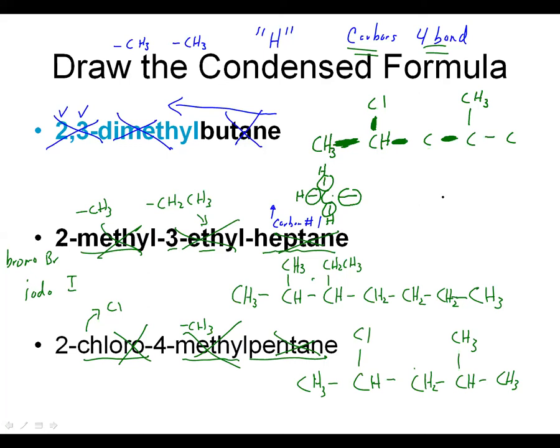If I drew that guy out, he would then look like this. And that's why, again, we need those 2 hydrogens to get us to 4. And if we continue that pattern, 1 bond here, 2 bonds here, 3 bonds here. So he needs 1 more hydrogen. And the guy at the end only has 1 bond, so he needs those 3 hydrogens. He's just like the guy on the left-hand side.